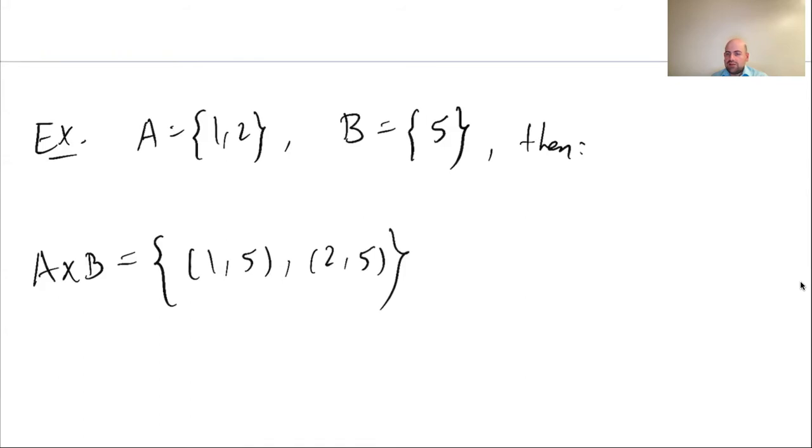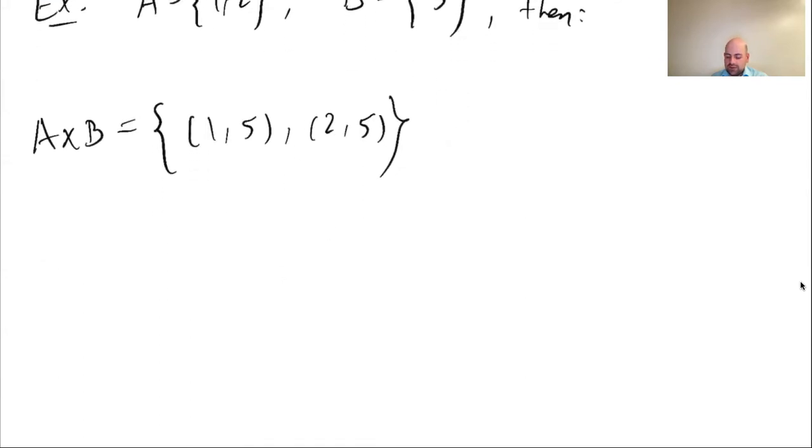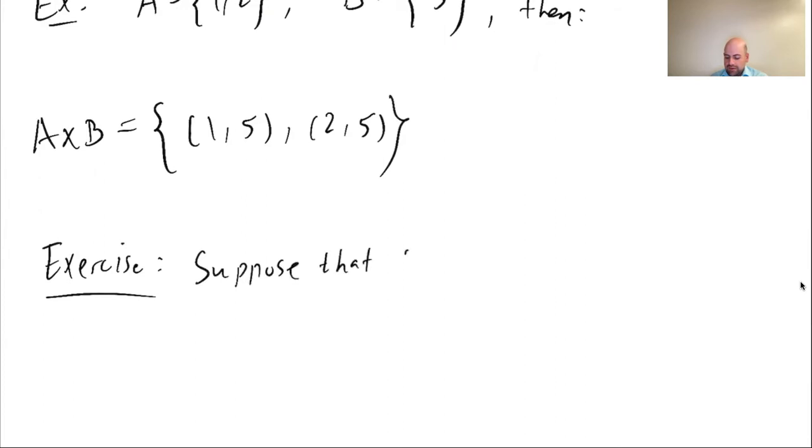Now, what would be the general rule, do you think? So exercise. Suppose that A has n elements and B has m elements.